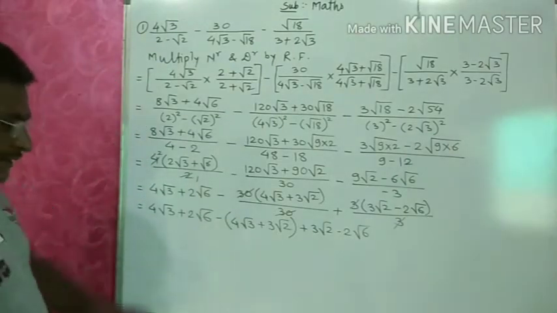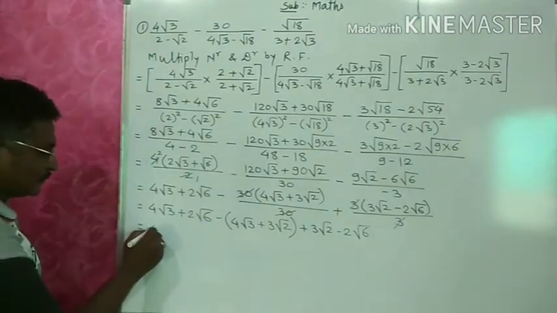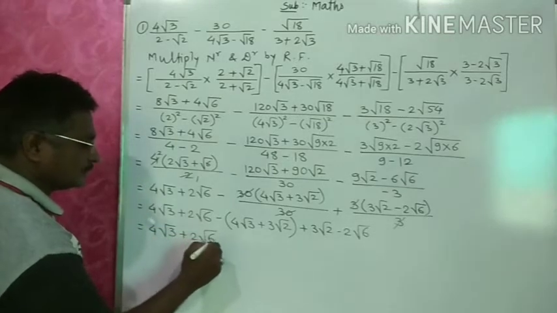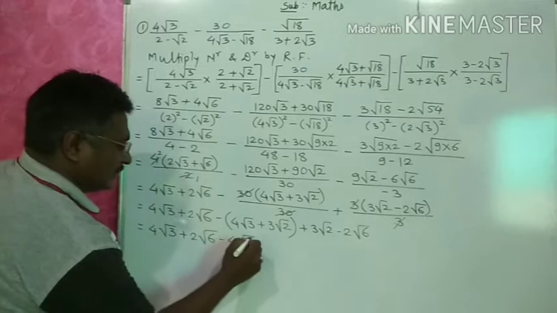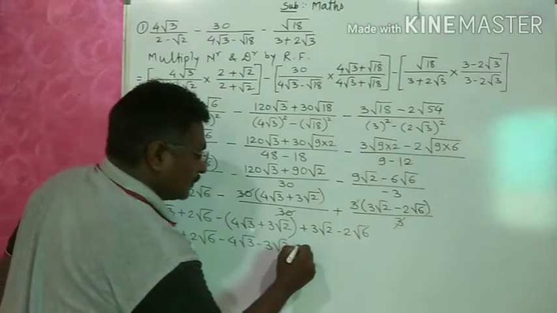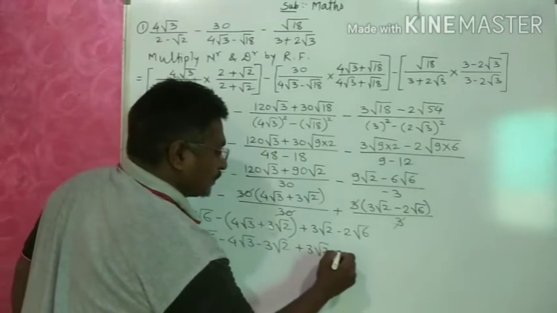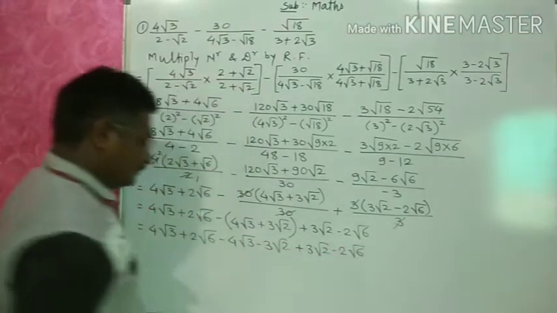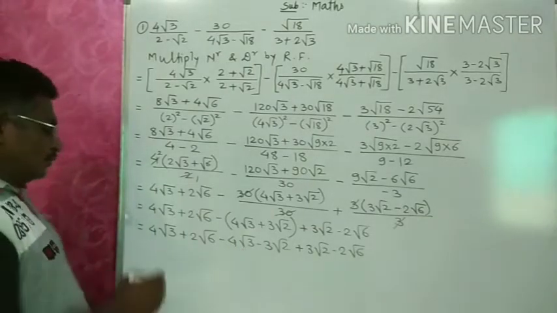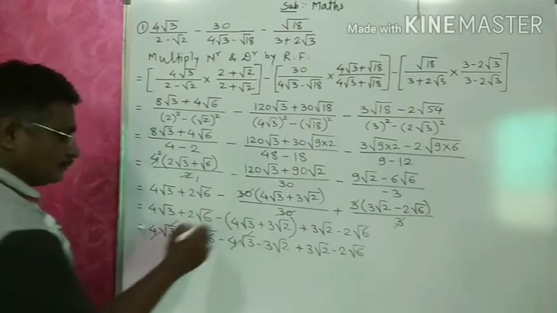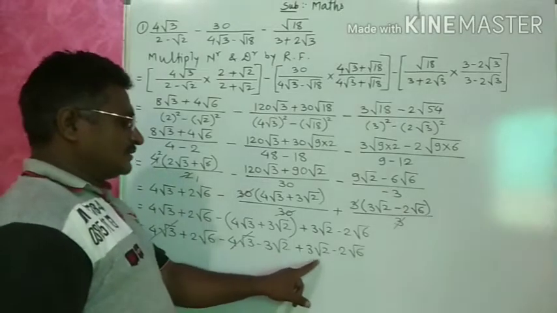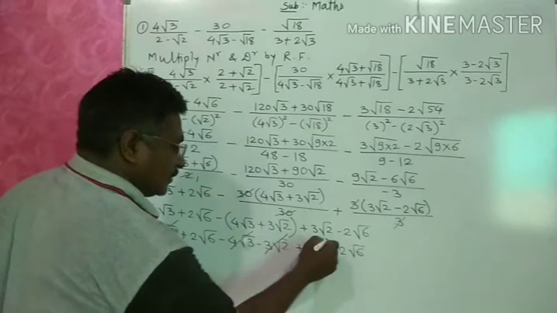Now remove the bracket. 4 root 3 plus 2 root 6 minus 4 root 3 minus 3 root 2 plus 3 root 2 minus 2 root 6. Check it. 4 root 3 minus 4 root 3, 0. Minus 3 root 2 plus 3 root 2, 0.